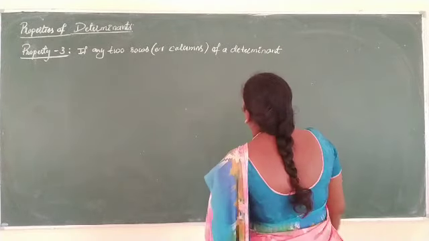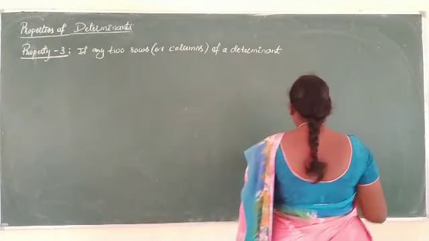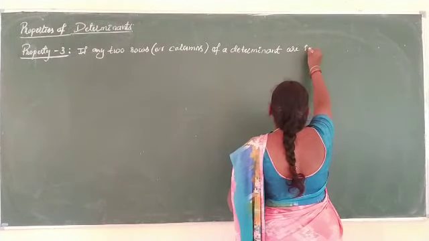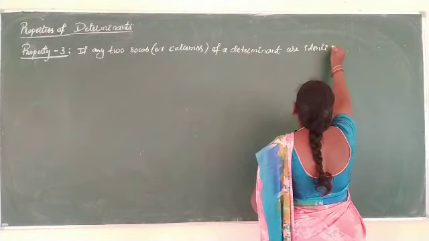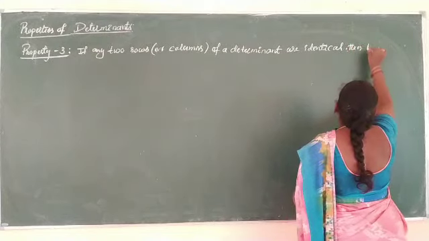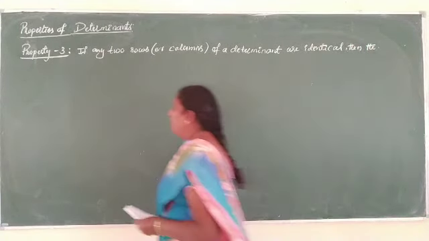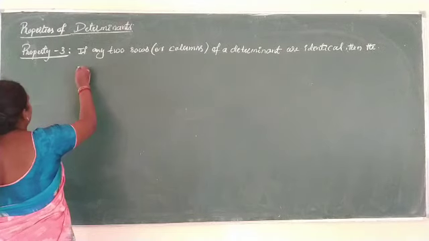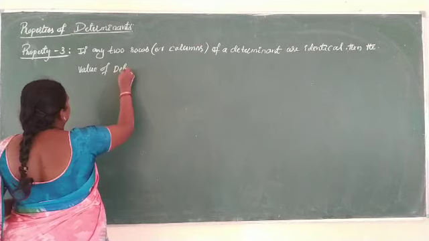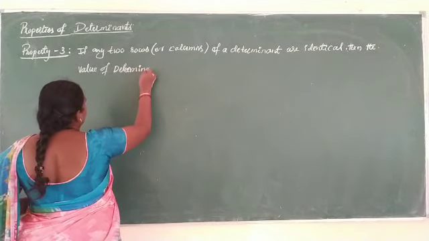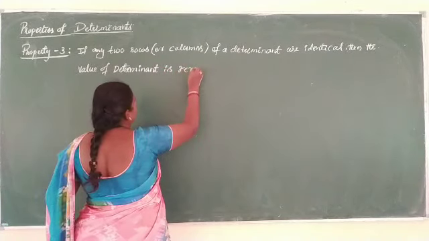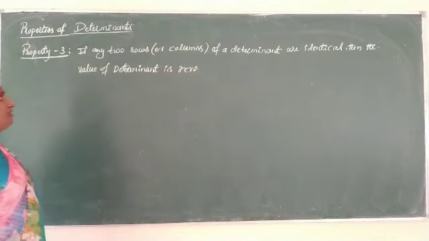If any two rows or columns of a determinant are identical, then the value of the determinant is 0. This is property 3.